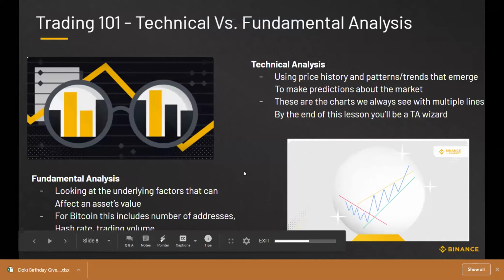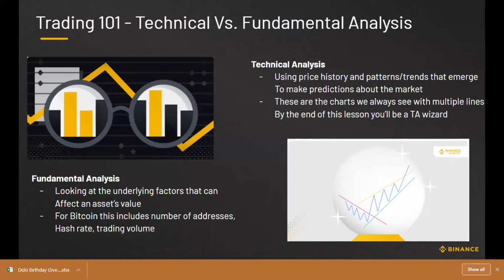All right. So I was talking about technical analysis and fundamental analysis. I was talking about how technical analysis is like 1 + 1 is 2, 3 + 3 is 6. There are rules to follow, and understanding technical analysis has to do with understanding market patterns, using price history and patterns, trends that emerge to make predictions about the market. So you're trying to say, because this candle has been acting like this, or because the market has been acting like this, this is going to happen.